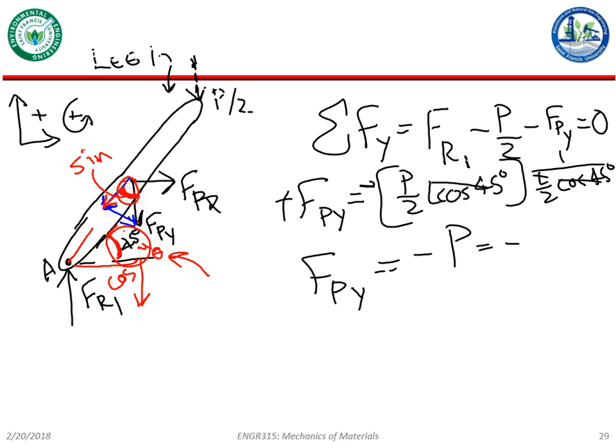We're just going to carry around that negative inside of the number. So now we can take this and substitute it back up into here. FPY equals negative 200 lbs.